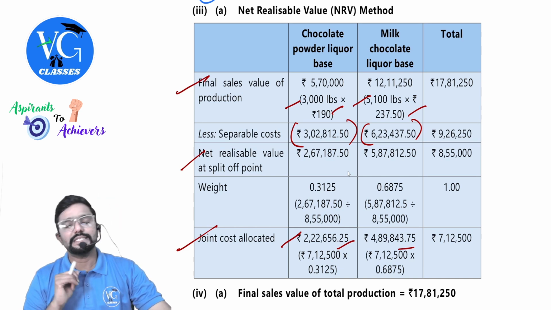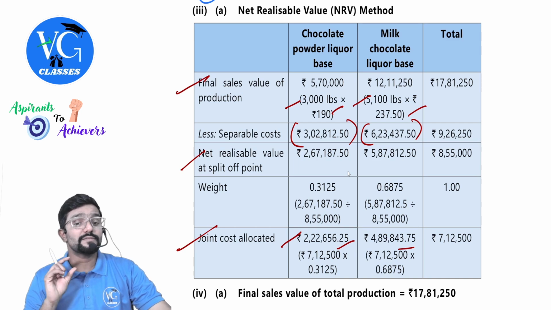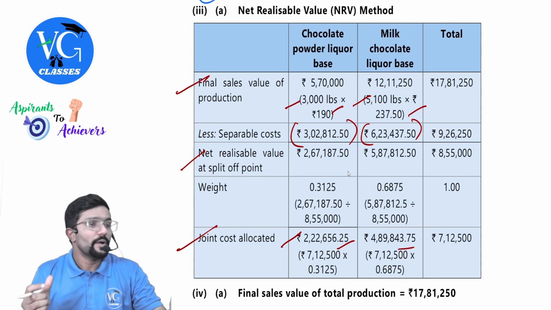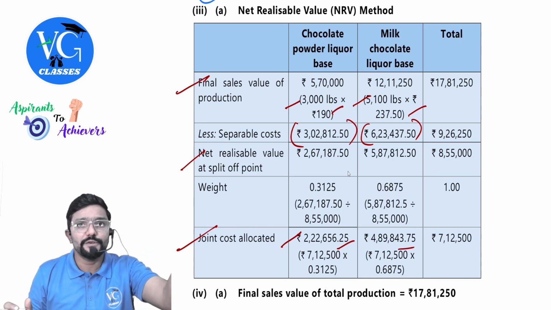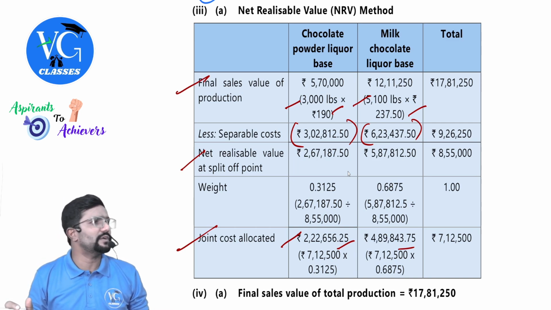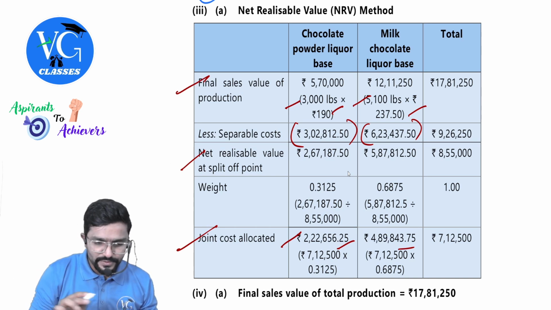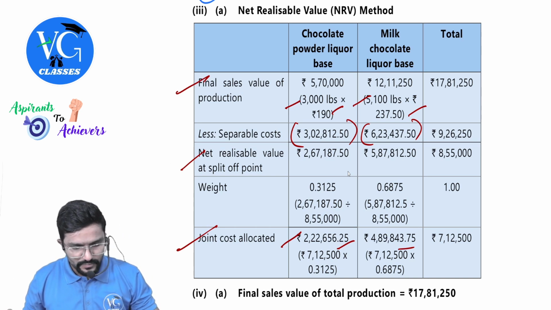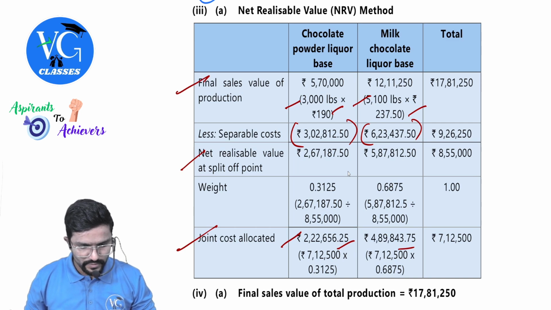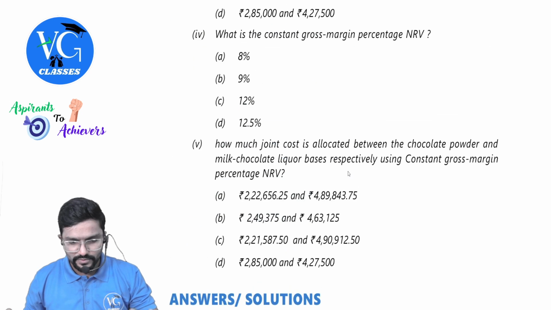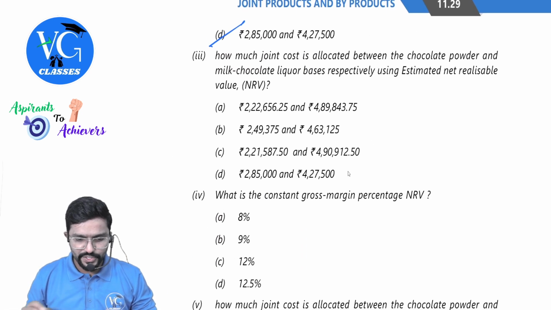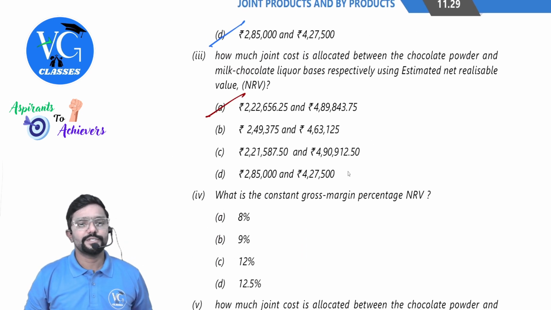Especially when it is decimal calculation, you may not get the exact figure. But if it is an MCQ especially, go for whichever is the nearest one. Clear? So 222 and 489, guys. Which is the answer for this now? Option A, sir.